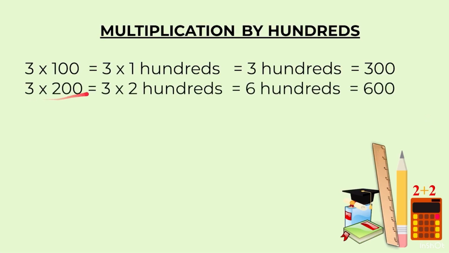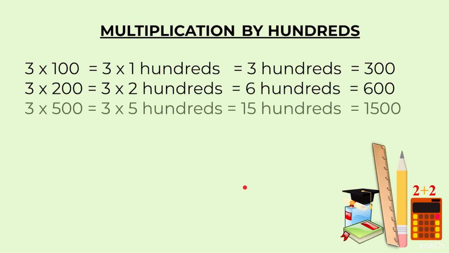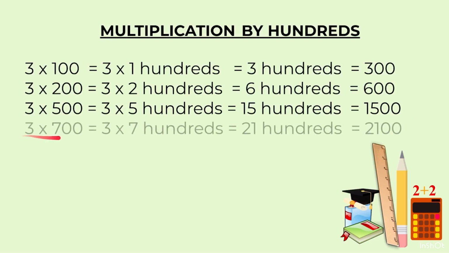Next example, 3 into 200, which is equal to 3 into 200s, which means 3 2s are 6, 600s, 600. 3 into 500 is equal to 3 into 500s, 5 3s are 15, so we get 1500s and it is written as 1500. 3 into 700, 3 into 7s, 3 into 7 is equal to 21, so we get 2100s and it is written as 2100.